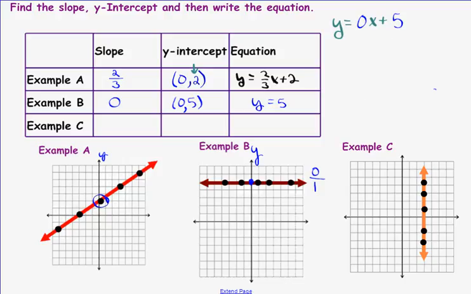Now let's look at C. C is a vertical line. How far up do I go to get to the next dot? And how far left and right? I have no left and rightness. So I have a number on top but 0 in the denominator, and that's called undefined.